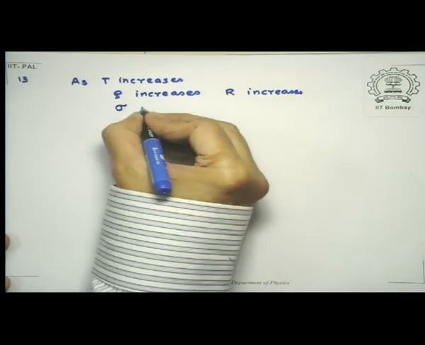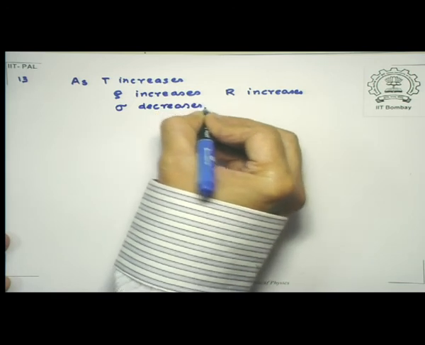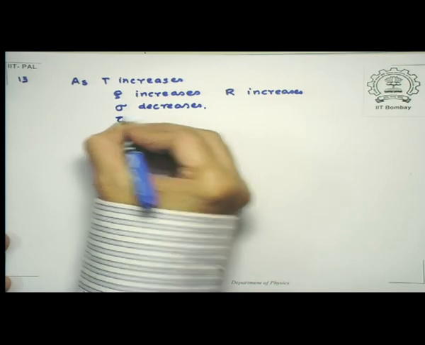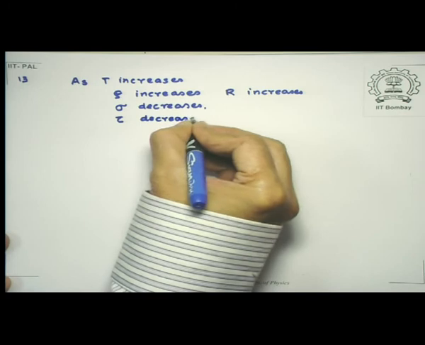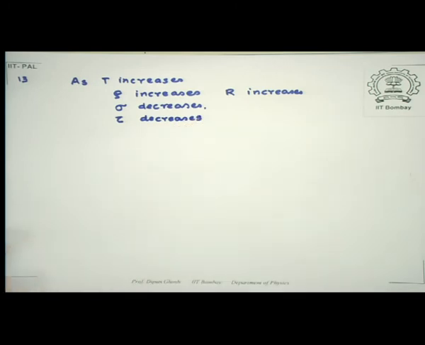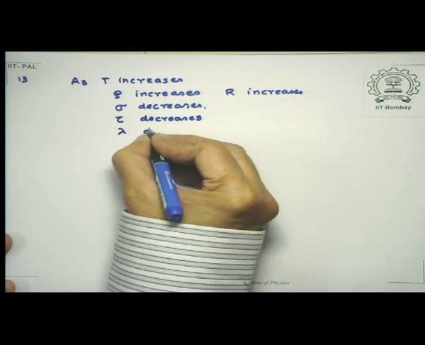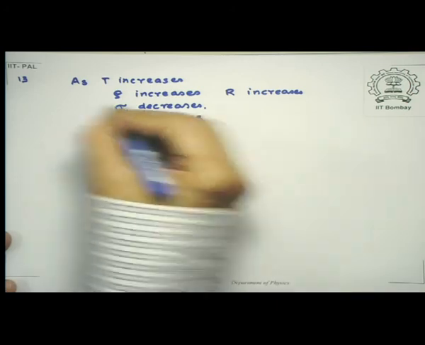Sigma naturally decreases. Now the collision time or relaxation time tau decreases because there is more thermal kinetic energy, and the mean free path lambda also decreases. All this is of course applicable for conductors.